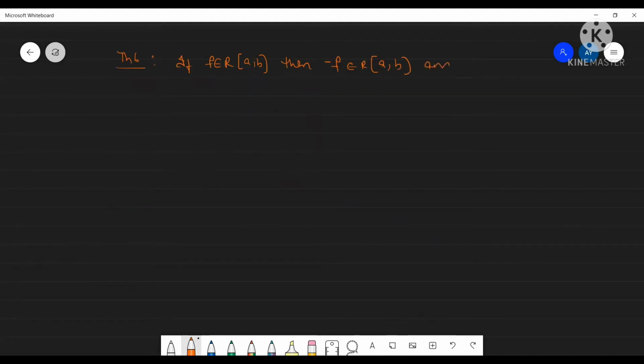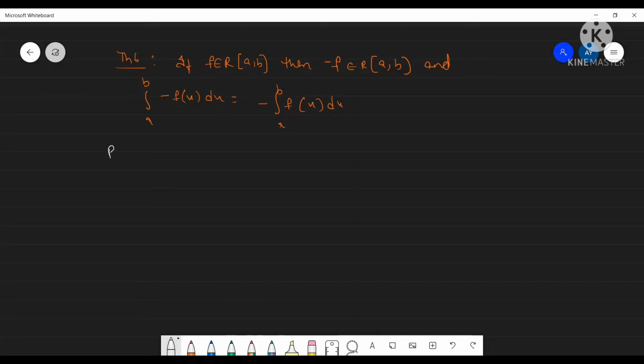And as we are talking about the integrals, you have to write that the integral from a to b of minus f(x) dx is equal to minus the integral from a to b of f(x) dx. So now we have to prove whether those both are equal or not. If they are equal, then this condition is satisfied. Otherwise, we'll see what happens.